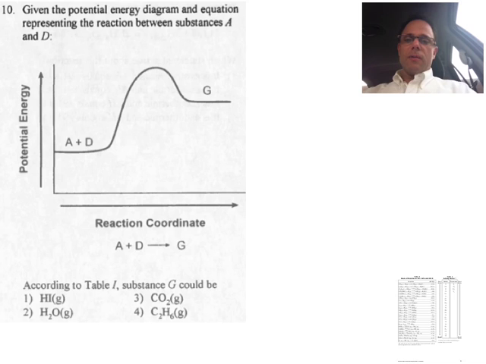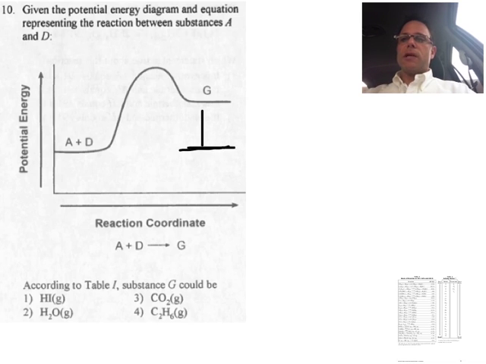Well, let's inspect. Substance G has more energy than substance A plus D. If you compare the amount of energy in the reactants versus the product, it gained energy. It gained that much energy.